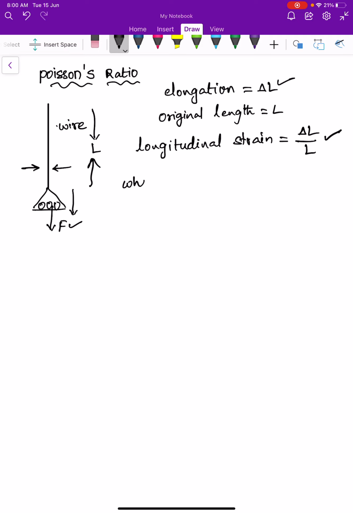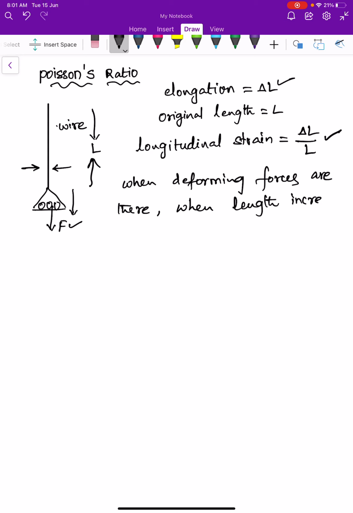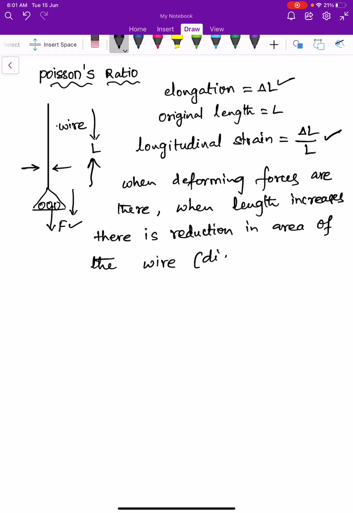So when deforming forces are there, by observations, when length increases, there is a reduction in area of the wire, that is, reduction in diameter of the wire.